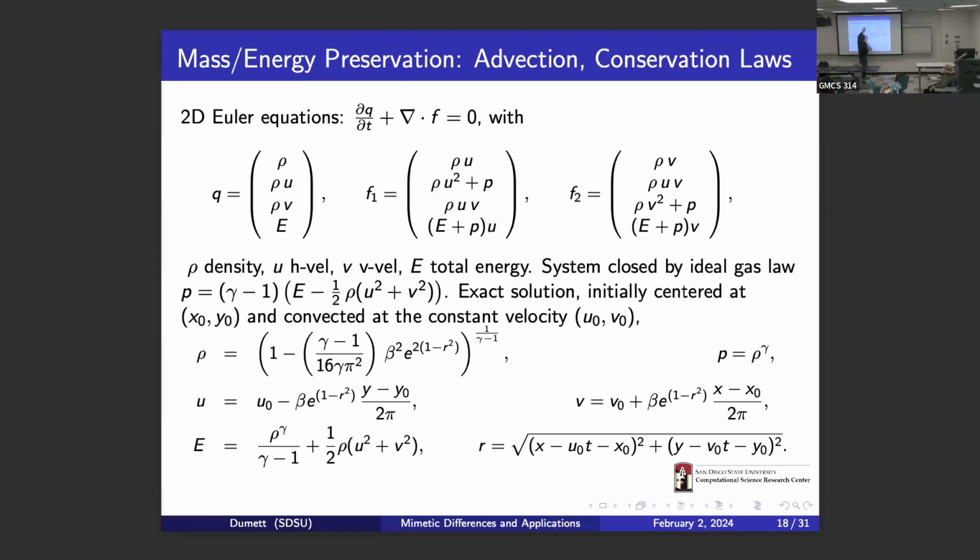You see it's two dimensions because F has two components. And there are four conservation laws. This is density, density times horizontal velocity, density times vertical velocity, and energy. So this is a conservation law. These are called the Euler equations, and this is conservation of mass, conservation of momentum, conservation of energy.